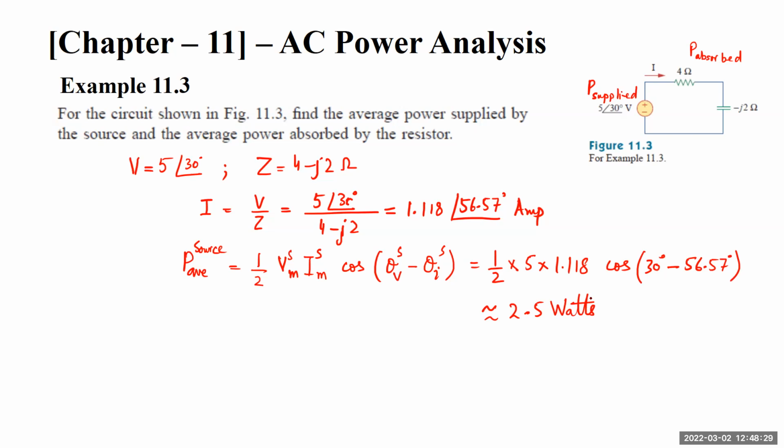Now, what is the average power in the resistor? For that, we again have 1/2 Vm resistor, Im resistor, cos(θv resistor minus θi resistor). The voltage across the resistor VR is basically IR, Ohm's law.